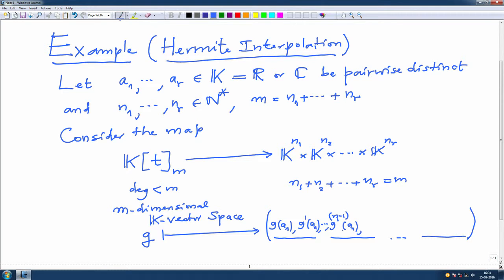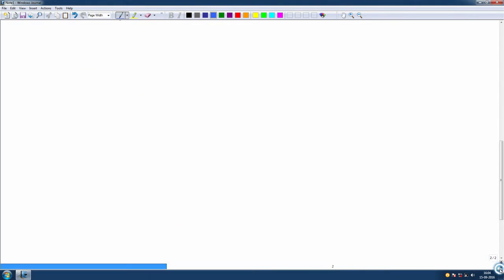The last block will be g evaluated at AR, g prime evaluated at AR, and so on, up to g power nr minus 1 evaluated at AR. These are the derivatives of g, evaluated at the points A1 to AR. I am going to use this map.